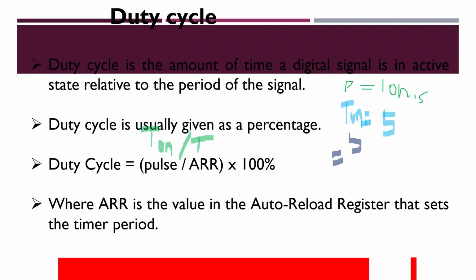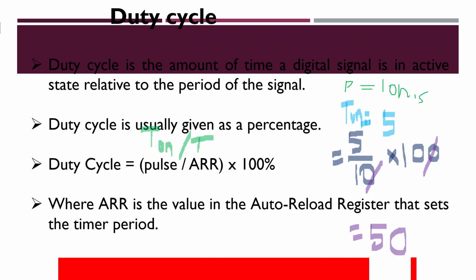The T on time 5 divided by the time period T 10, into 100. The 0 will get cancelled, so 5 into 10, the duty cycle will become 50%, isn't it? So this is the answer for finding the duty cycle in the given format.